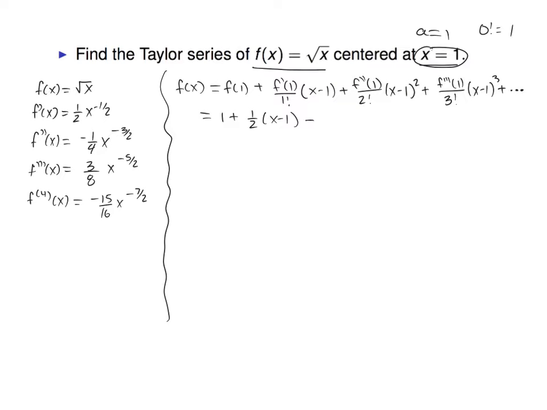Minus 1 over 2 factorial times a quarter, x minus 1 squared, and then just the last couple, plus 1 over 3 factorial, 3/8, x minus 1 to the third, and then what would come next? 1 over 4 factorial, right? Times 15/16, x minus 1 to the fourth. And there'd be many more terms.